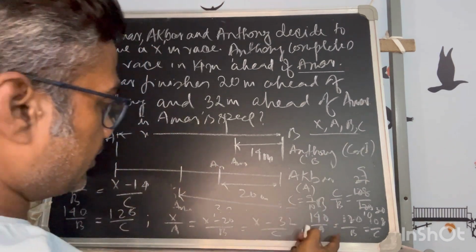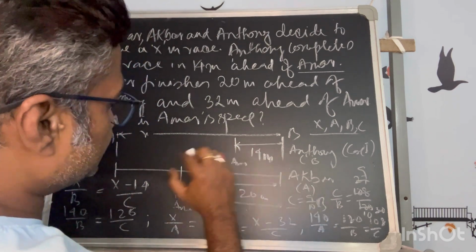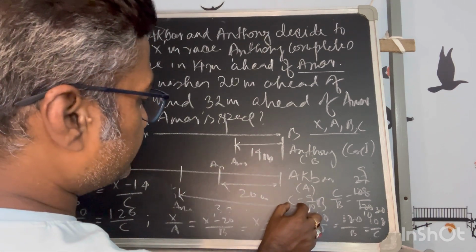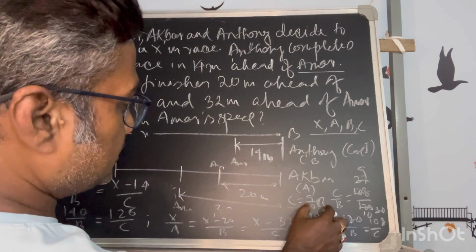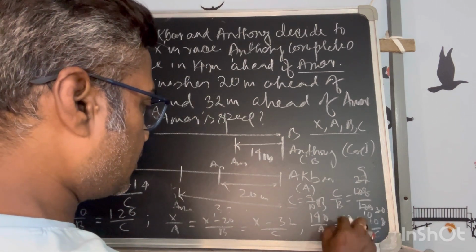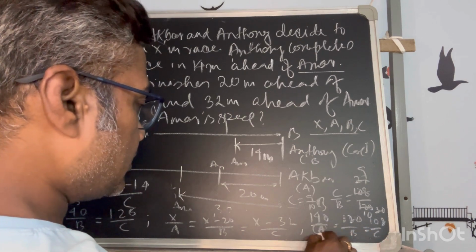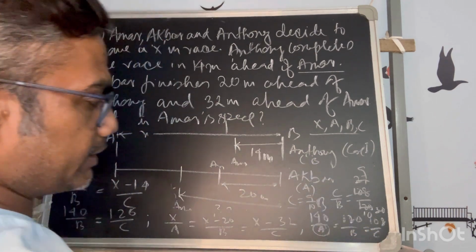So here the advantage is that if in case the option is given as to what is Amar speed with respect to the Akbar speed or Anthony speed, then this will be the answer. Now if it has to be calculated or compared with respect to the Akbar speed, then also you can get it from here.